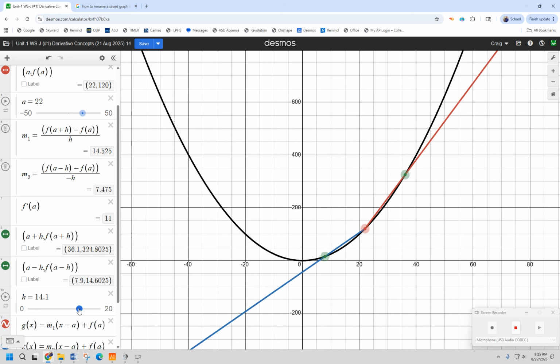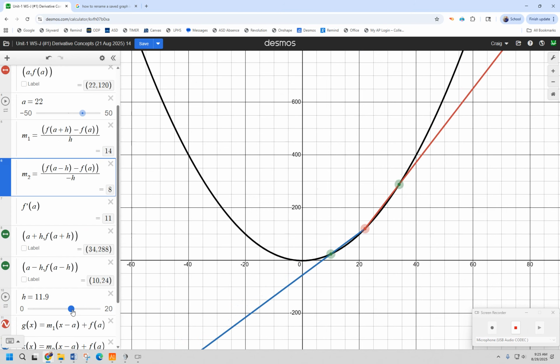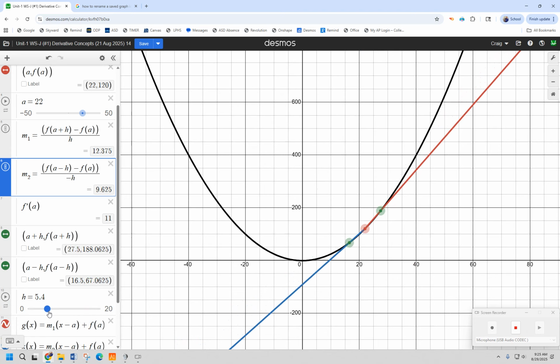And as we do that, you should be paying attention to these slopes right here. Look at this slope. It's currently at 14. This slope is 7.6. But as I make the secant line shorter and shorter, the secant slopes become closer and closer to the same value.